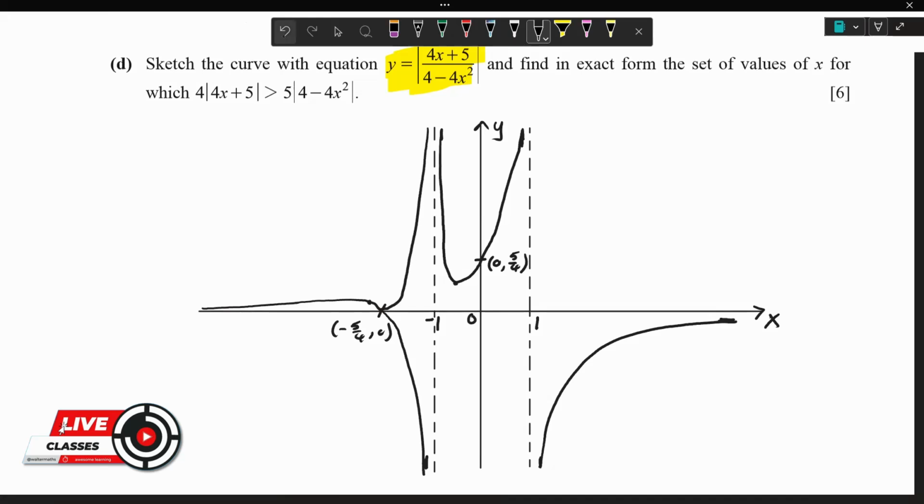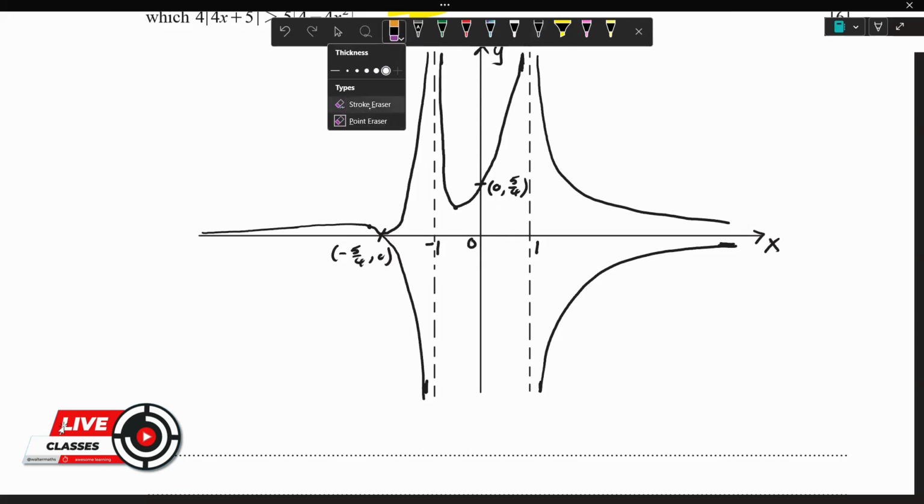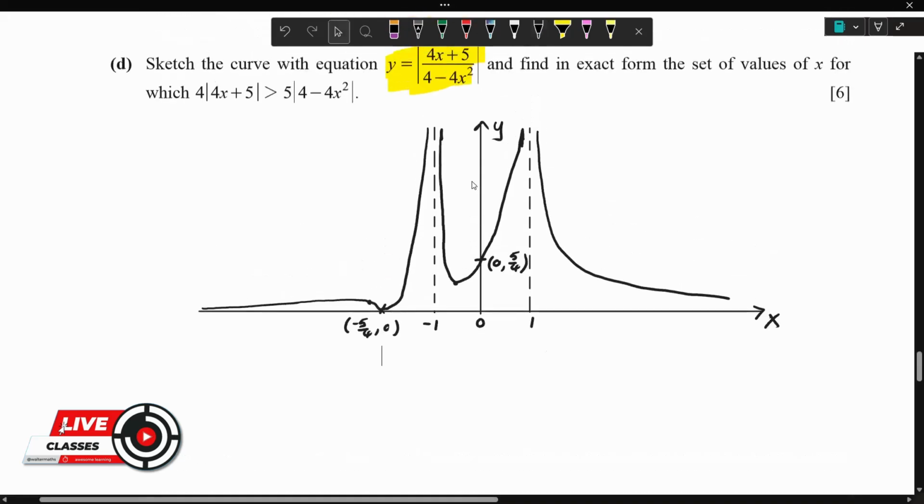And then we also need to reflect here. So we remove the parts that are below. So the origin here, this is minus 1, this is 1. And here, this is minus 5 over 4, 0. So this is the modulus graph.